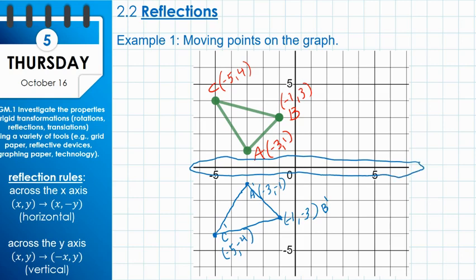So when we reflect across the vertical axis, or the y, the rule stays the same. So again, if we're moving A, we start at the line of reflection and count. 1, 2, 3.